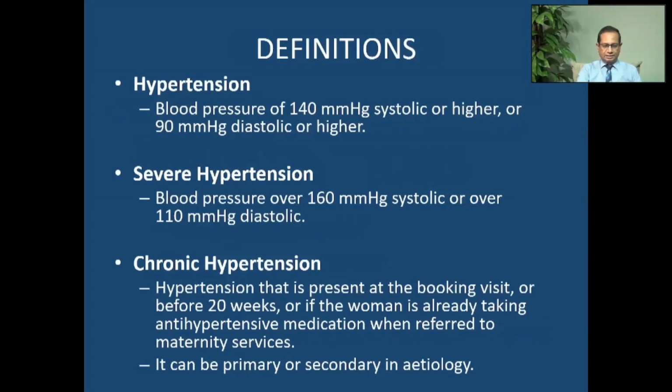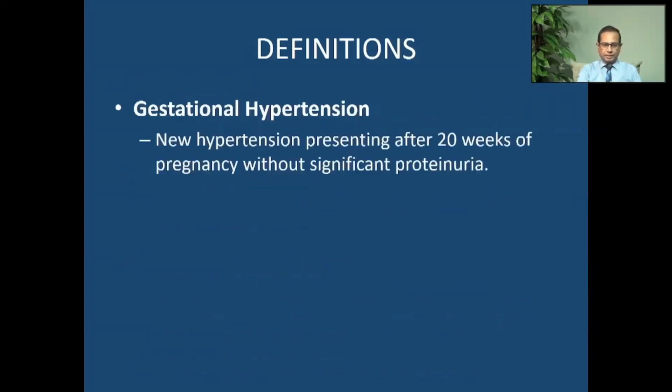Chronic hypertension is defined as hypertension that is present at the booking visit or before 20 weeks of pregnancy, or if the woman is already taking antihypertensive medication when referred to maternity care. It can be primary or secondary in etiology. Gestational hypertension is new hypertension presenting after 20 weeks of pregnancy without significant proteinuria.